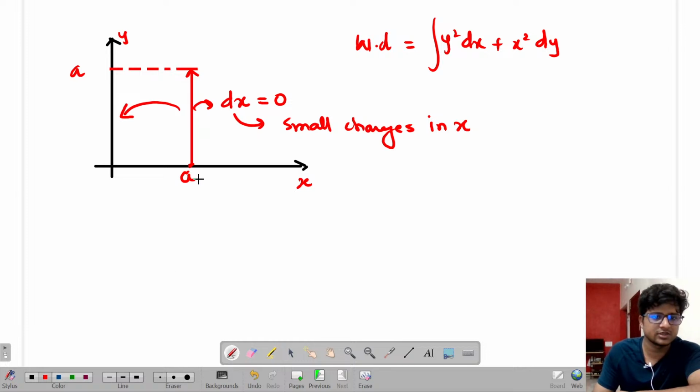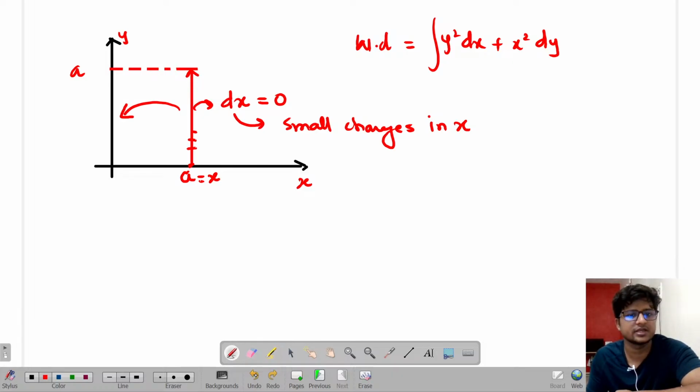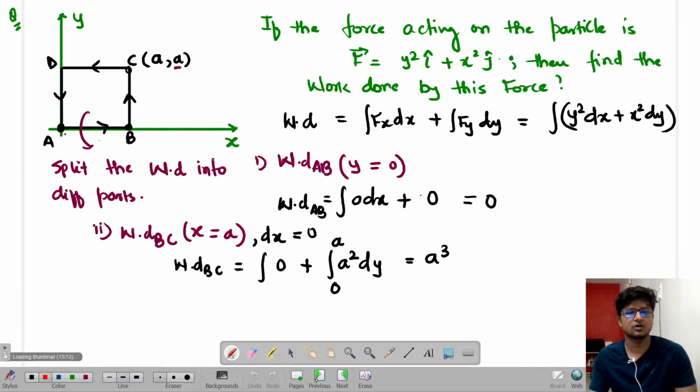So x is equal to how much? Constant a. And then here along one variable, what is changing? dy is changing. So I'll just have to do the integration of x square dy. Is that clear or not clear? Okay? So we have to understand what is given as constant and what is not constant over there. So this is why it is a cube.